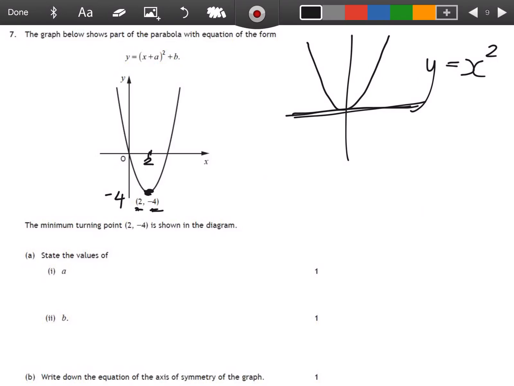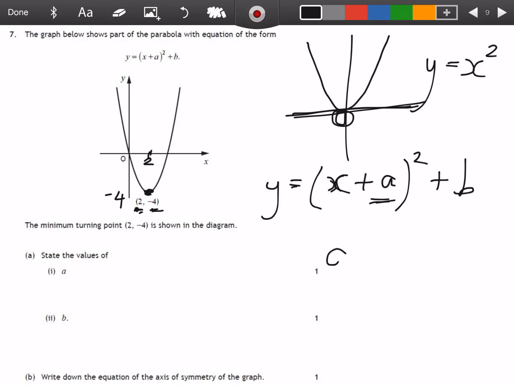That tells you these values in the equation. The A value comes from the first number. This has been moved along to 2. It doesn't start at 0 anymore. It's moving along to 2, and I'm hoping you're thinking to yourself, you know the answer.